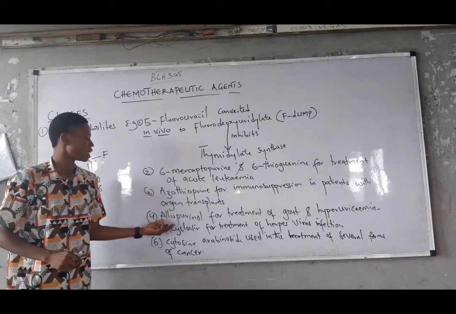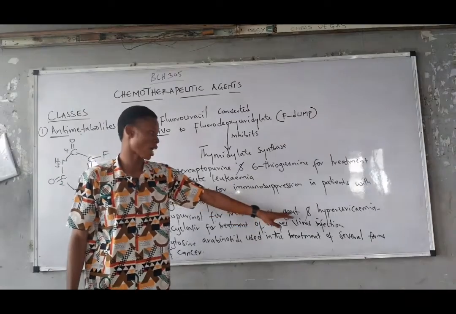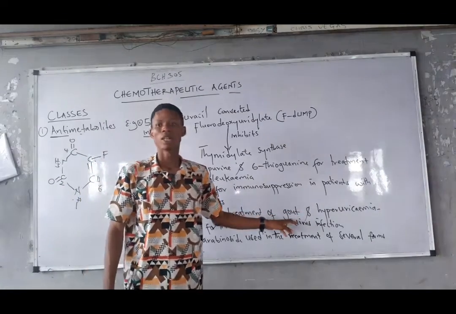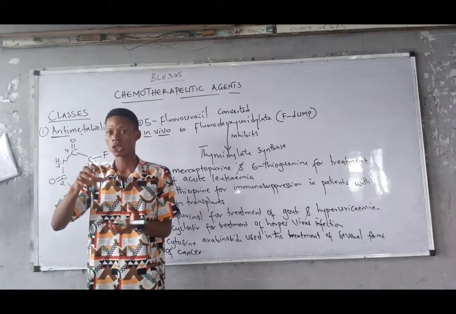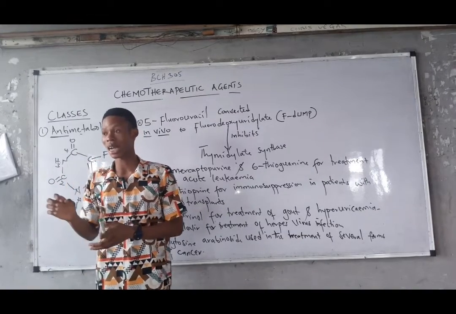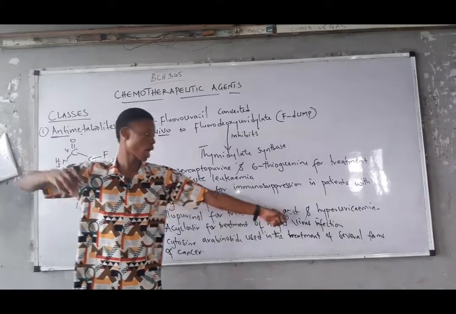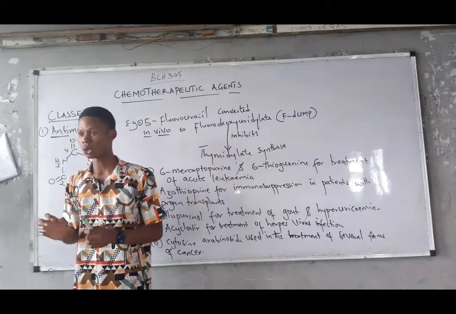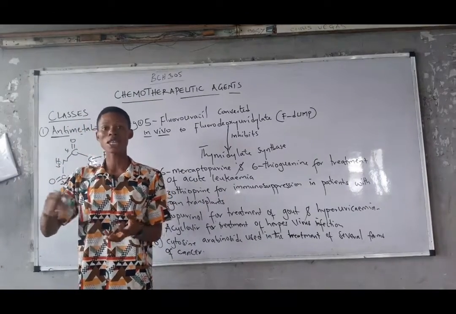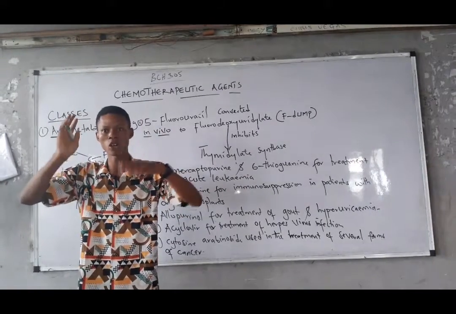Now, allopurinol is used for the treatment of gout and hyperuricemia. Last time I made mention that gout is caused as a result of accumulation of what? Uric acid, right? Urate crystals. So if urate crystals accumulate, it means it's overproduced, hyperuricemia, excess uric acid in the blood. What can cause excess uric acid to accumulate in the blood is too much breakdown of purine, right?